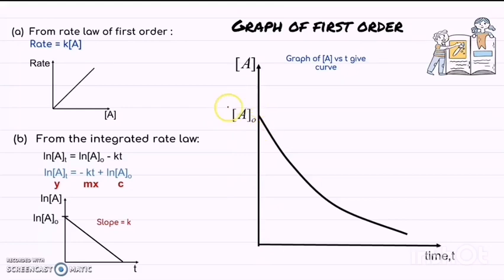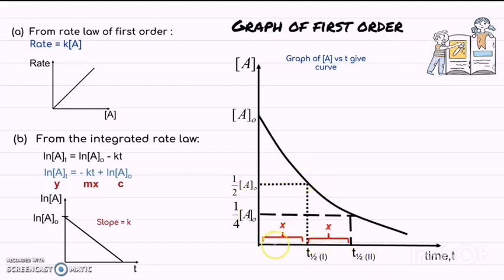So we have this as the initial concentration. This is our half of the concentration from the initial concentration. So we will get our first T half from the graph. We can also have our second T half from the graph. So I labelled it as T half 2.